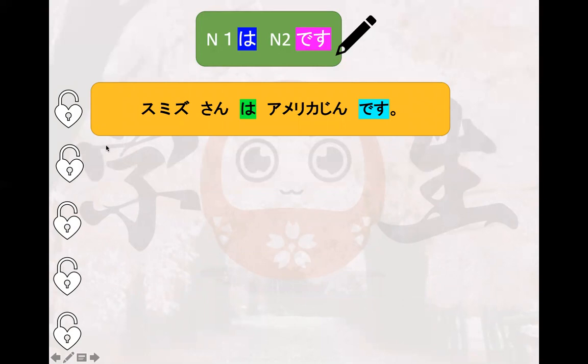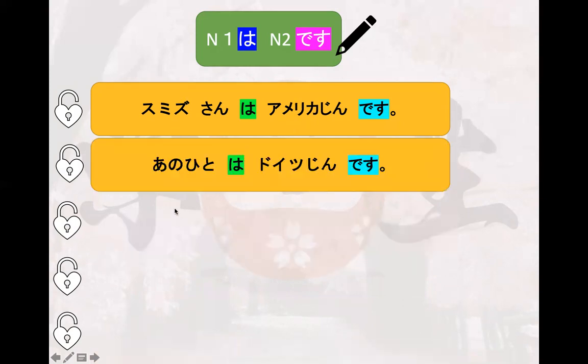The first one is, Sumizu-san wa Americajin desu. Mr. Smith is an American. Second one, ano hito wa doitsujin desu. That person is a German. Or pwede ring he is a German or she is a German.